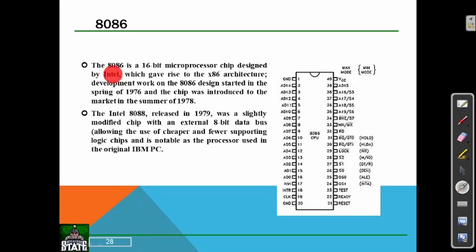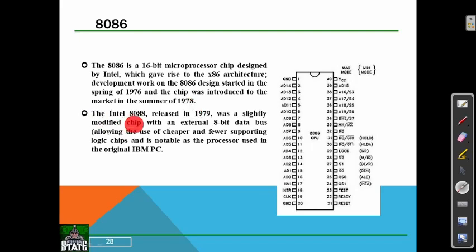The 8086 is a 16-bit microprocessor chip designed by Intel, which gave rise to the x86 architecture. Development work on the 8086 design started in the spring of 1976, and the chip was introduced to the market in the summer of 1978.